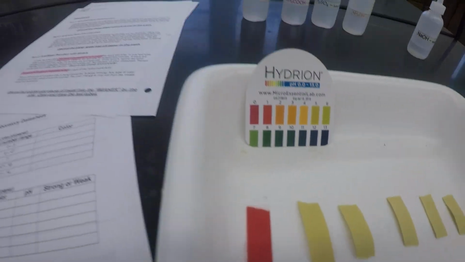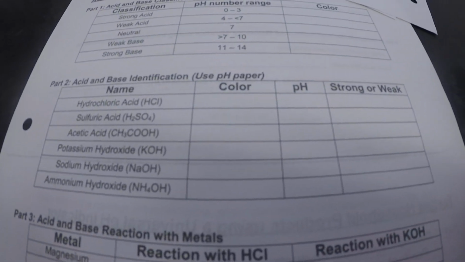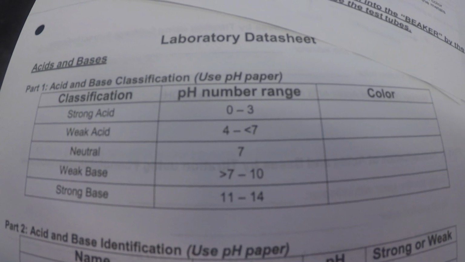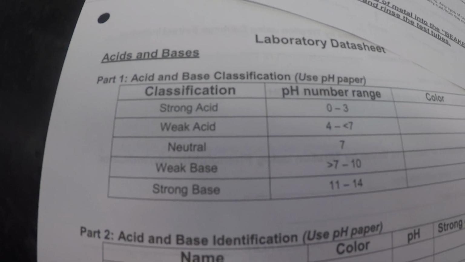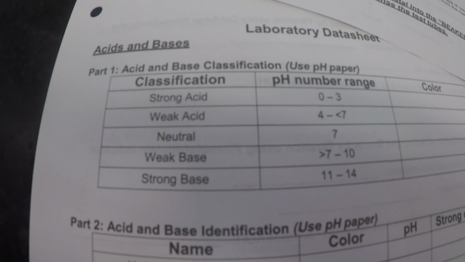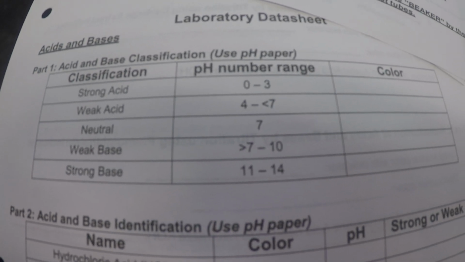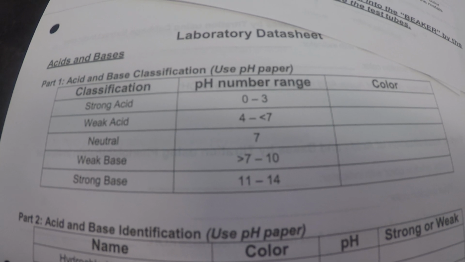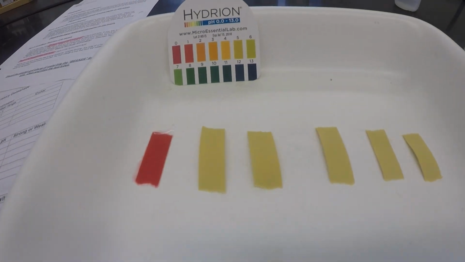Whatever range your pH number is in tells you if it's a strong acid, a weak acid, a strong base, or a weak base. You're obviously not going to have neutral. If your pH was between 0 and 3, then it would be strong. If it's between 4 and 6, it would be weak.